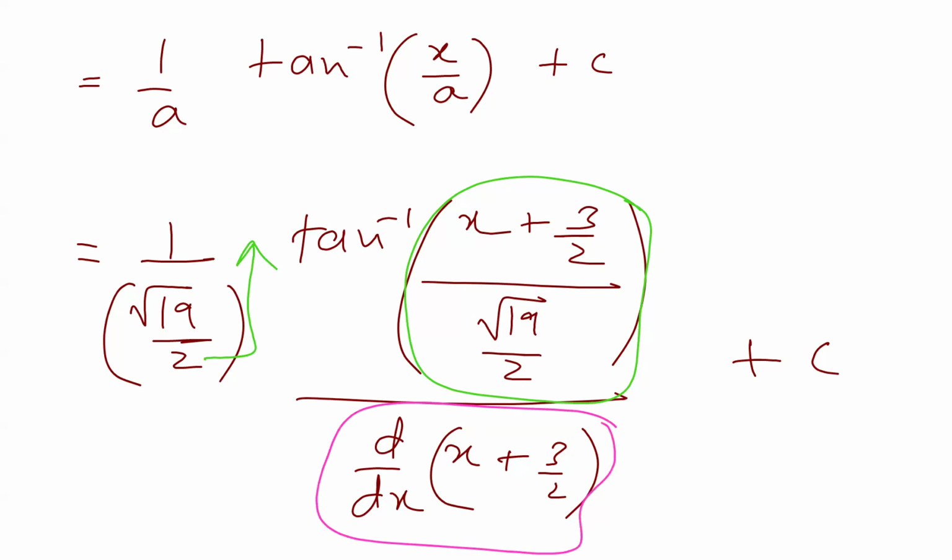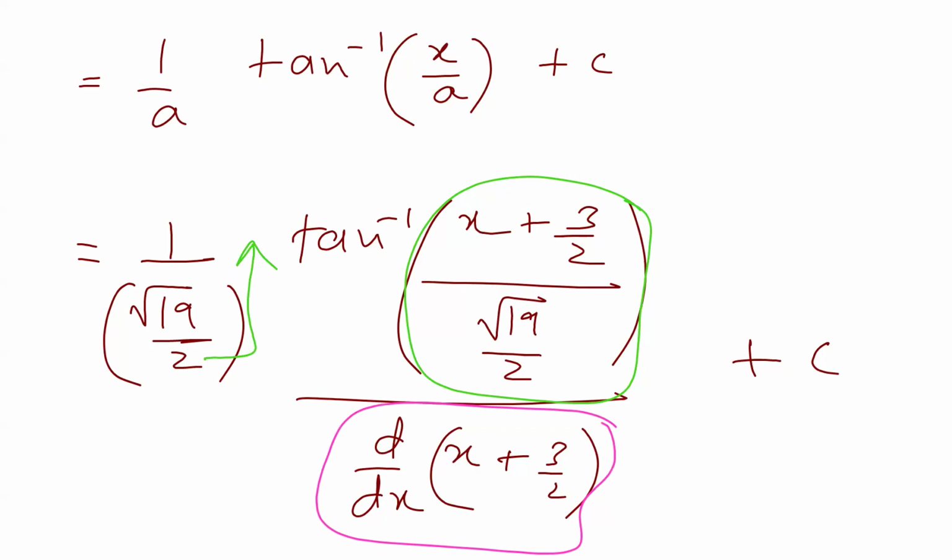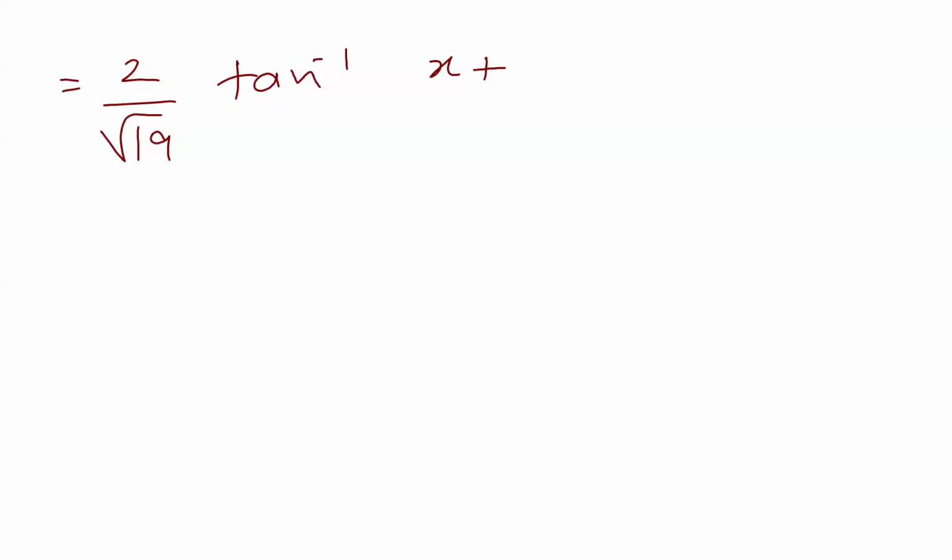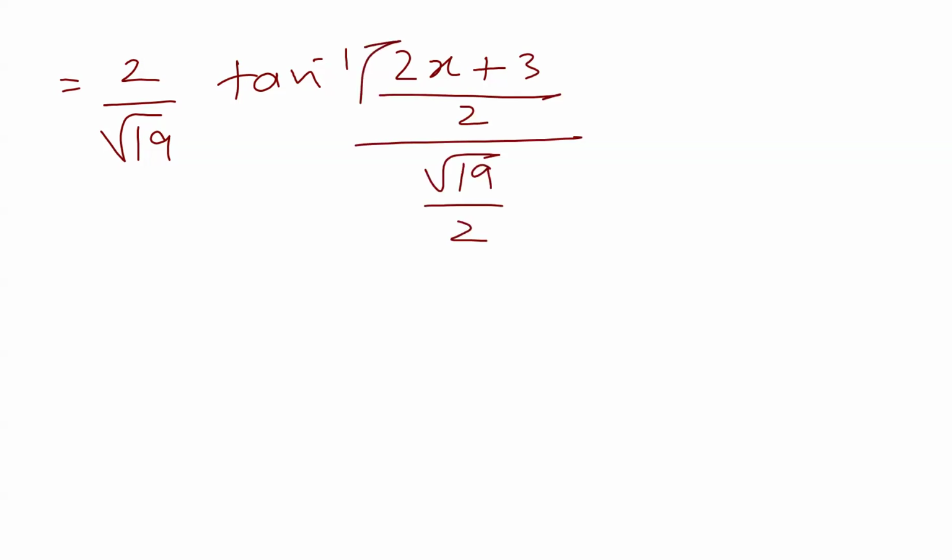So 2 upon root 19 tan inverse of 2x plus 3 upon root 19, taking the LCM within the bracket. So this 2 and 2 will get cancelled after taking the LCM, and this is your final answer.